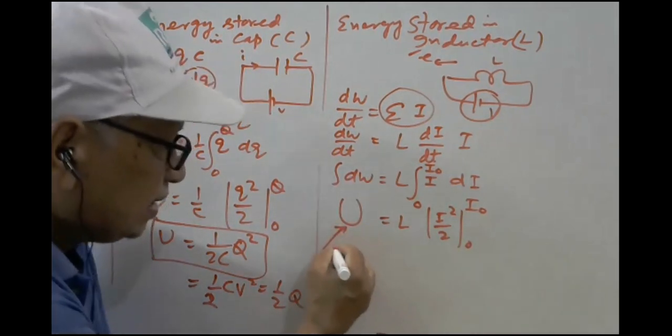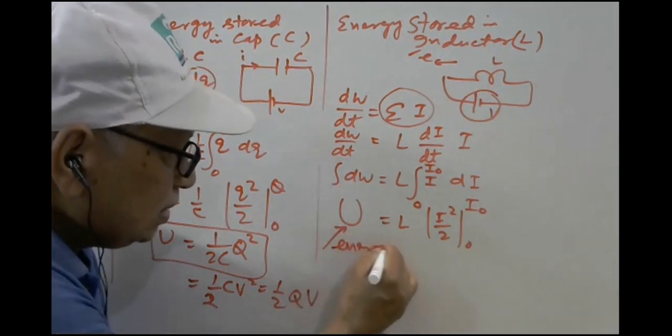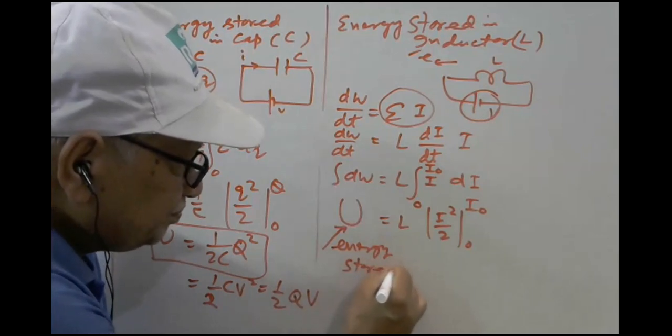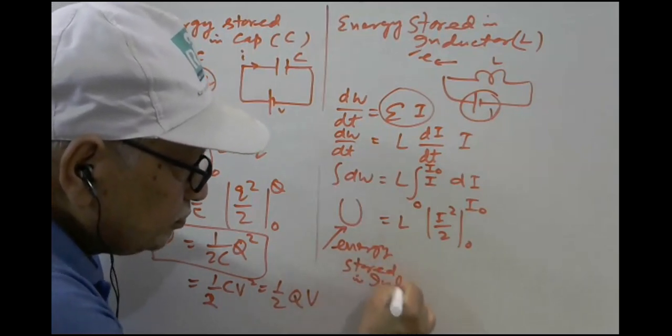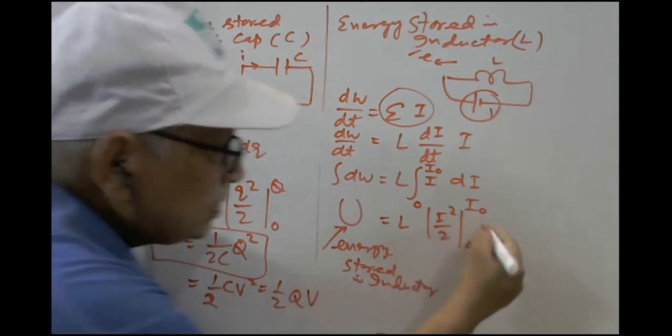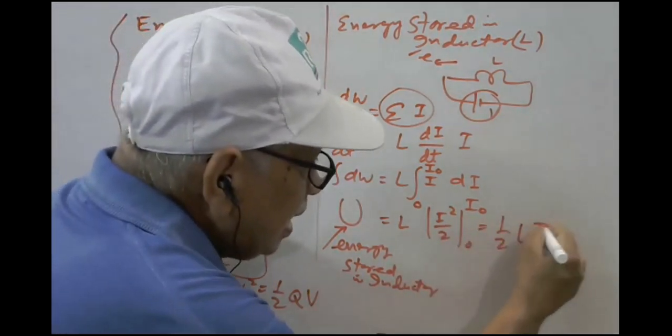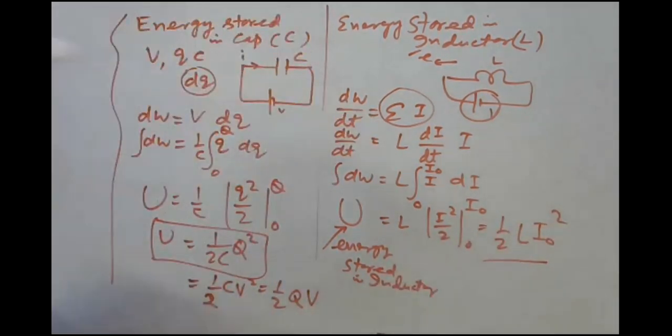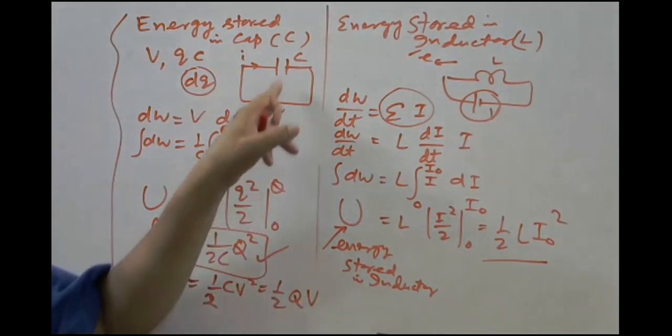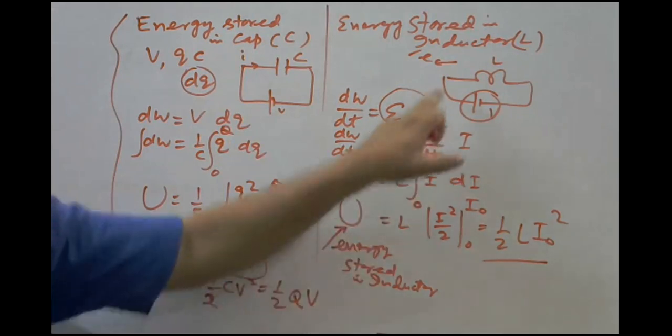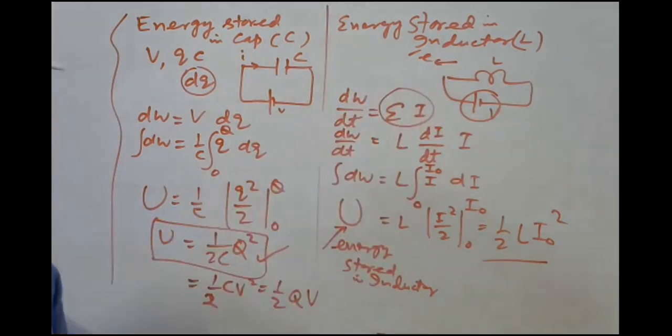Energy stored in inductor is half L I naught square. See the formula. Energy stored in capacitor, it is called electrical circuit. This is called magnetic circuit.